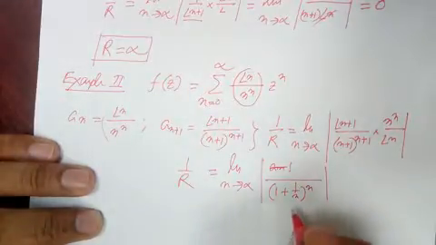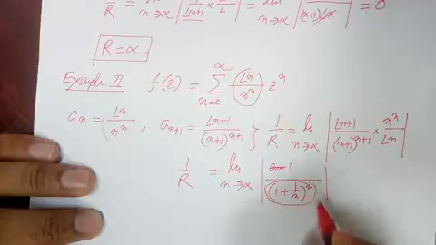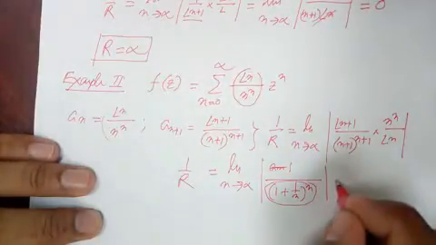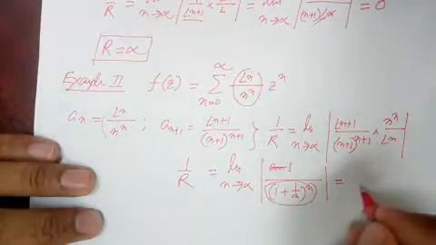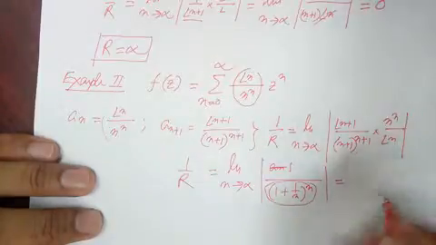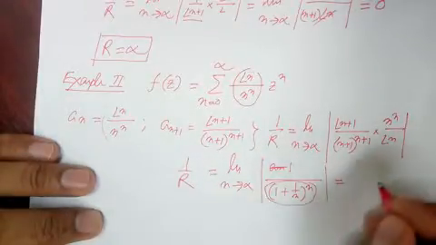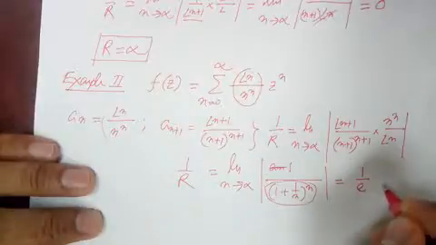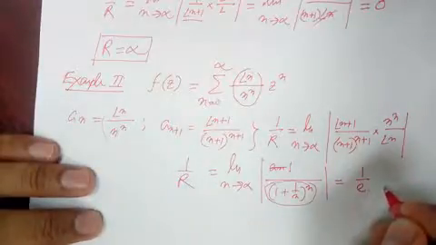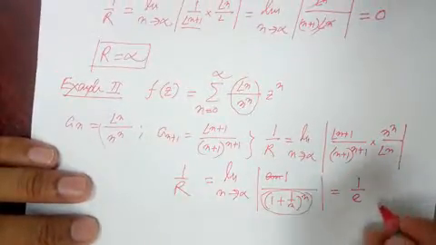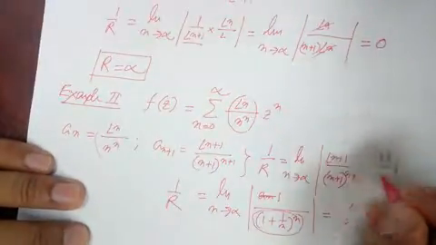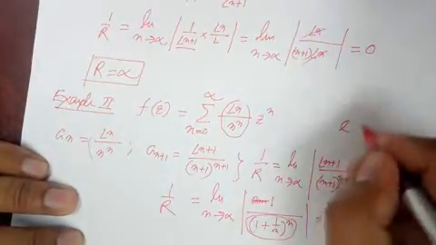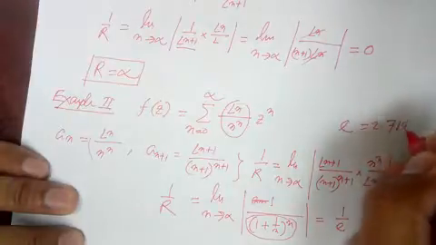This is exponential e, so we get 1 over e. The value of e is 2.718.